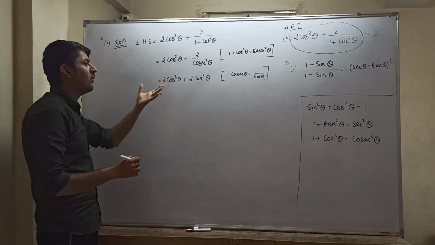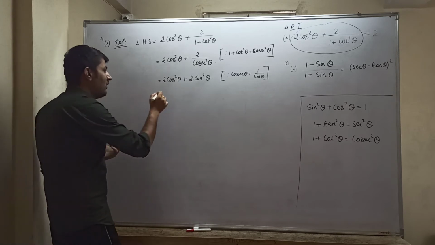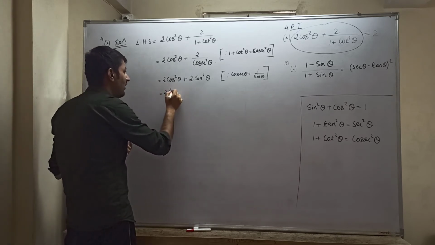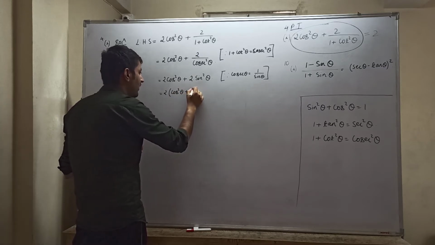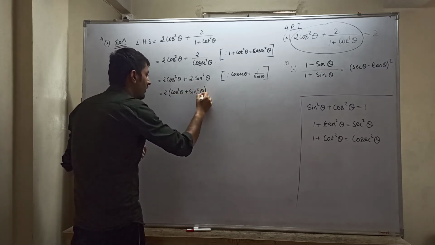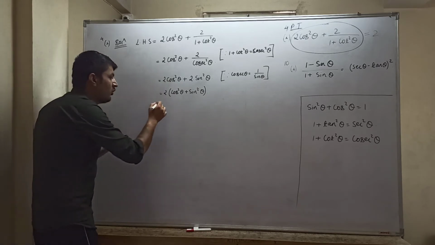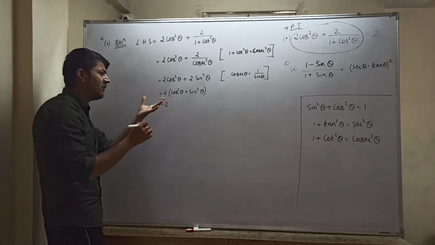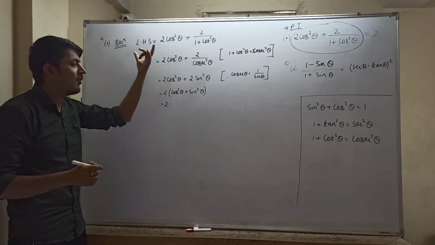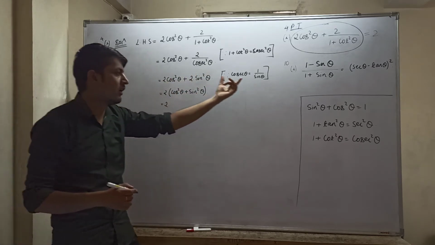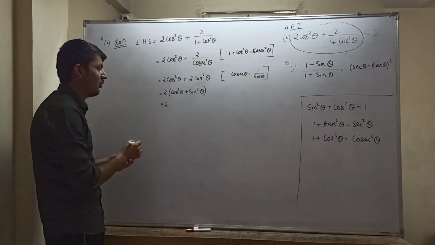Now, if you look here, what is common? 2 is common, so you take out the 2 outside. So you are left with cos square theta plus sine square theta. Now whenever this expression comes, again this is your identity relation. Sine square plus cos square is 1.